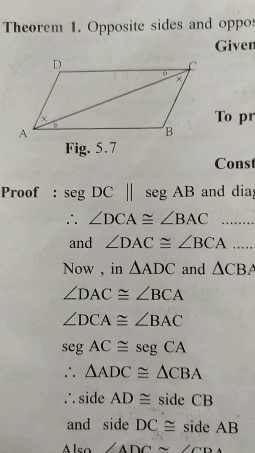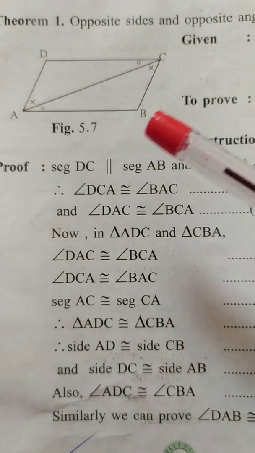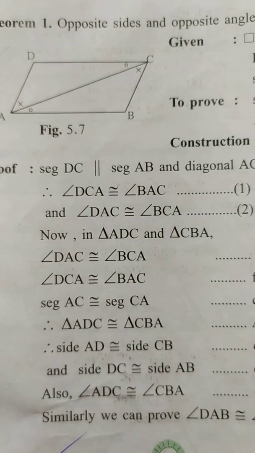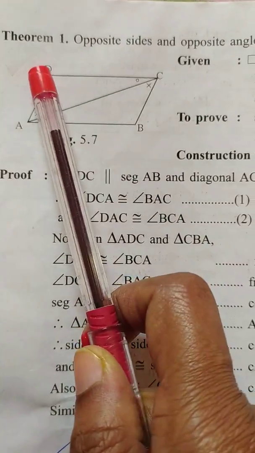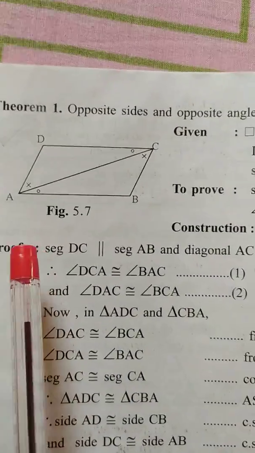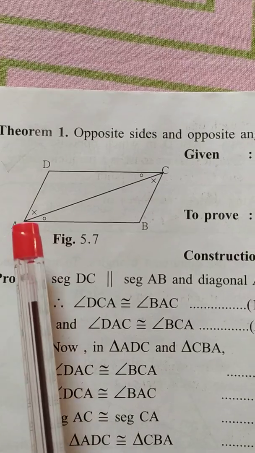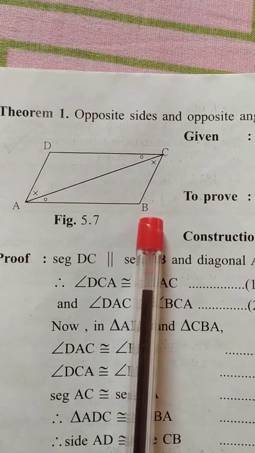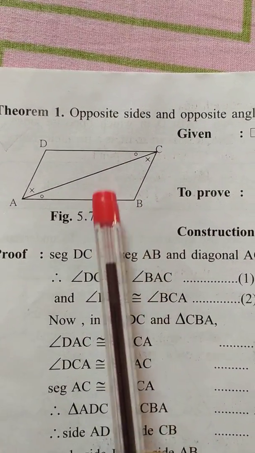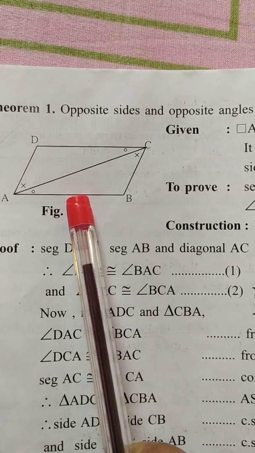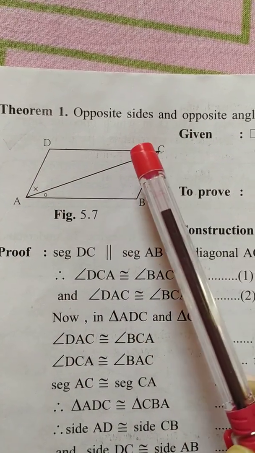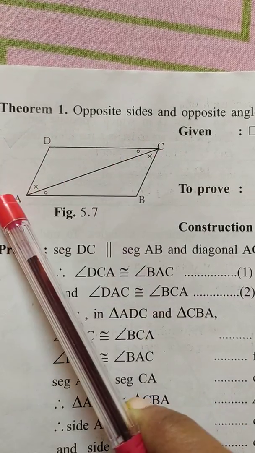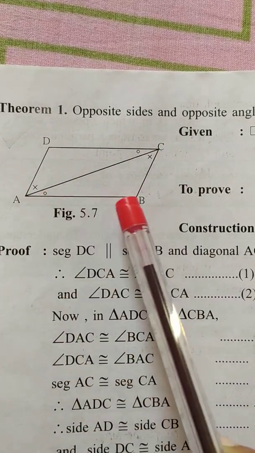For this, look at the figure carefully. ABCD is a parallelogram. Now you have segment DC parallel to segment AB. Since these two sides are parallel and we have drawn the diagonal AC, angle DCA is congruent to angle CAB.